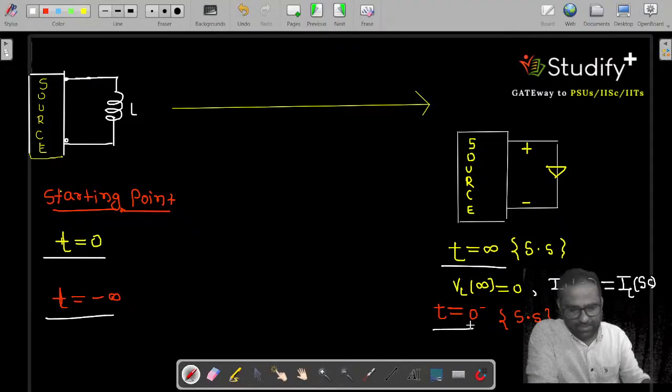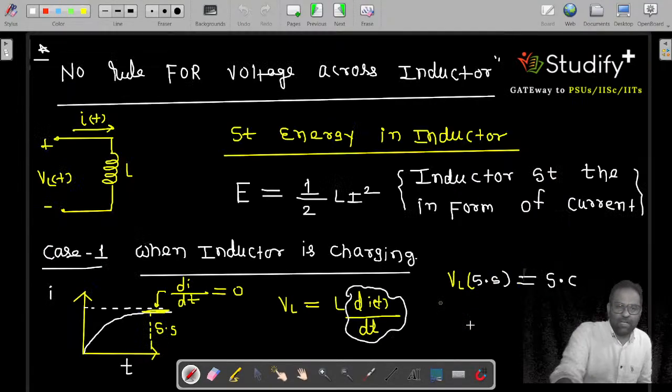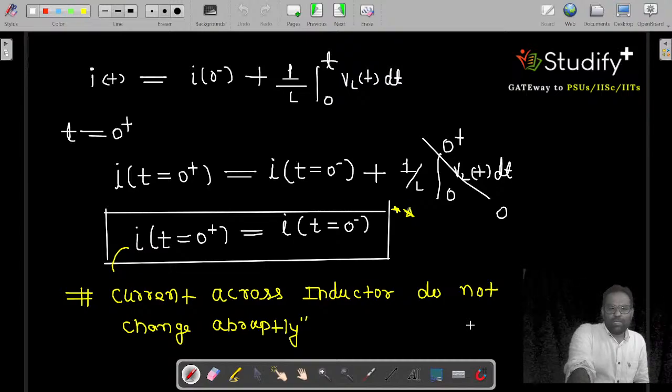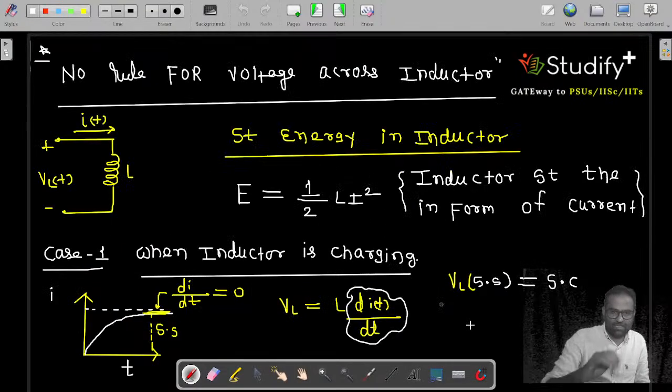We will define everything. So we have seen two things about inductor. The first thing is what? The current across inductor does not change abruptly. The second point is that there is no such rule for the voltage. The third point is what?